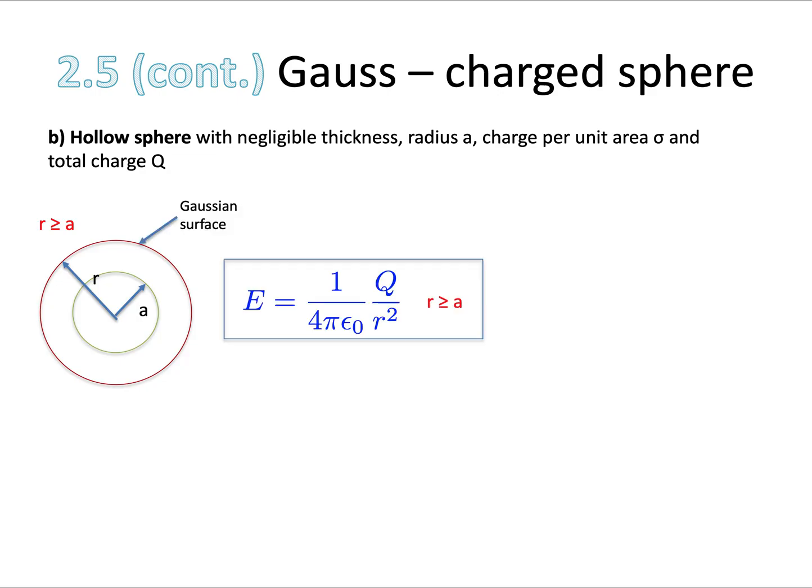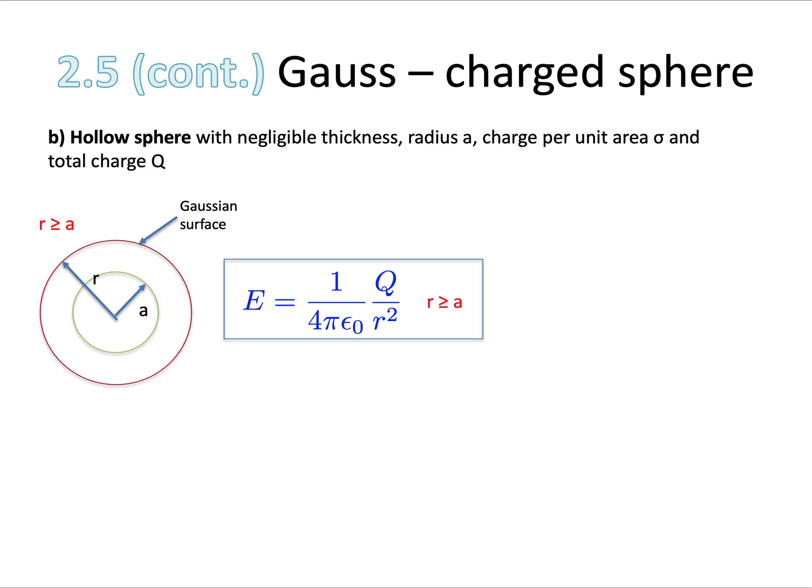So as both sides are the same, we end up with the same result for the electric field. So the electric field for a shell and for a charged solid sphere with a Gaussian surface outside of them is exactly the same.